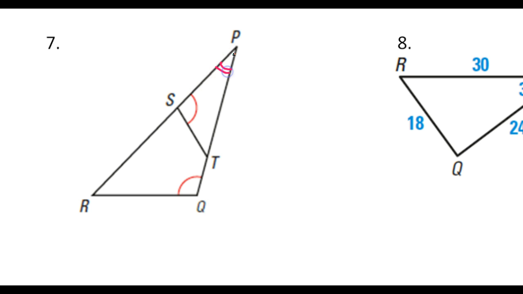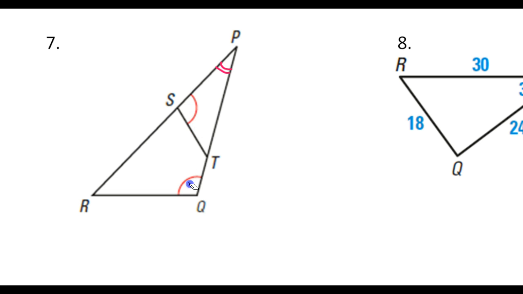This angle P is shared. It's the angle for the smaller triangle, but it's also an angle for the big triangle as well. So obviously angle P is going to be congruent for both triangles. So that gives us 2 angles. So these triangles will be similar by angle, angle similarity.